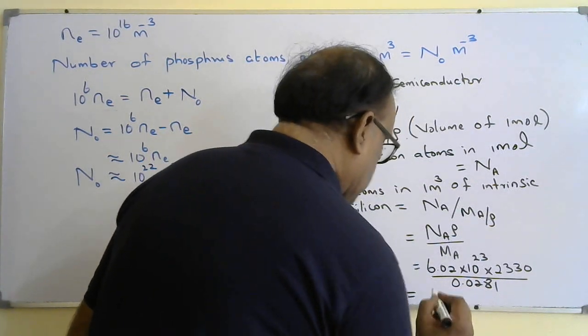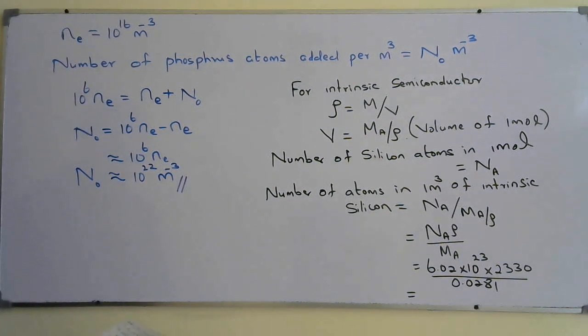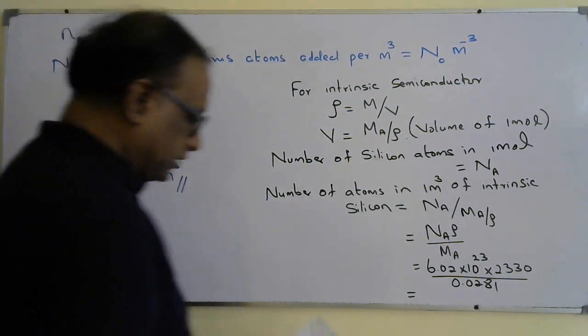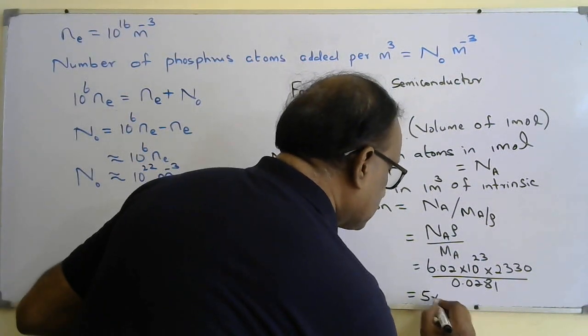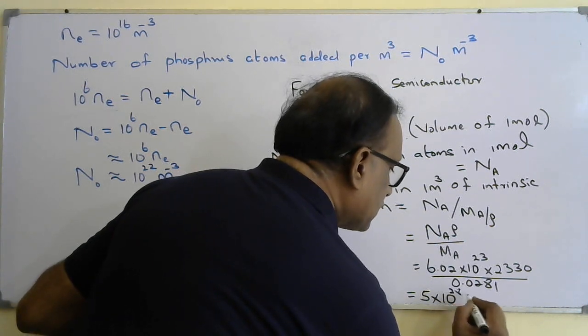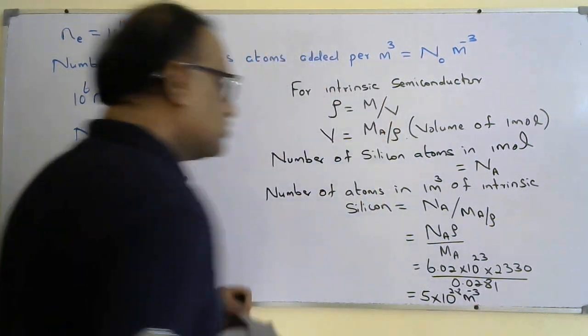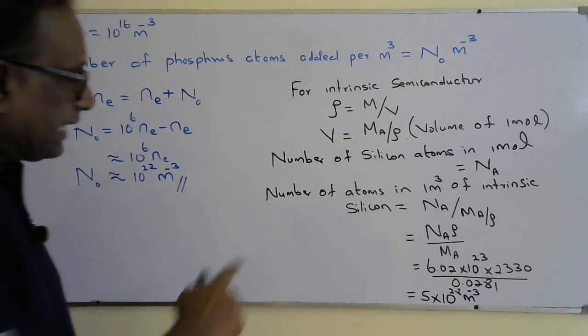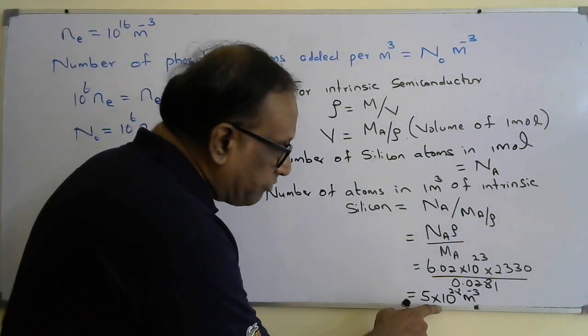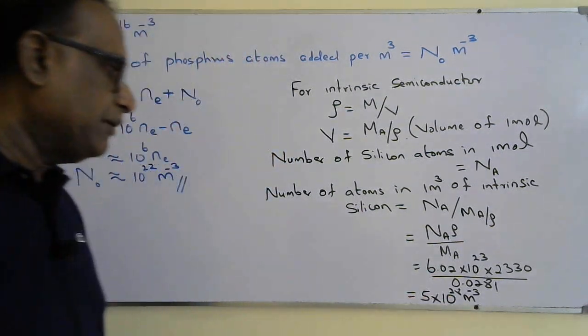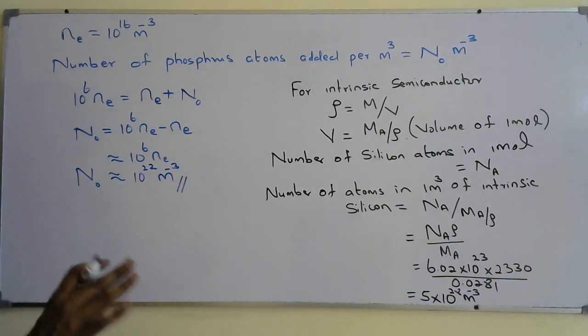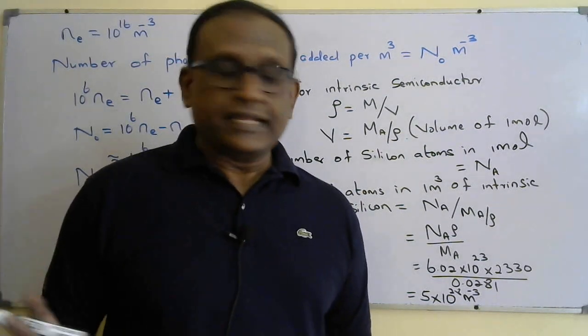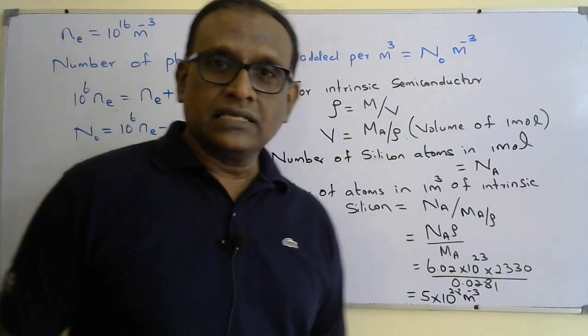So that will be equal to, we will find, 5 into 10 to the power 28 per meter cube. So the number of silicon atoms per meter cube is 5 into 10 to the power 28 per meter cube. In pure silicon, in 1 meter cube, there will be this many silicon atoms.